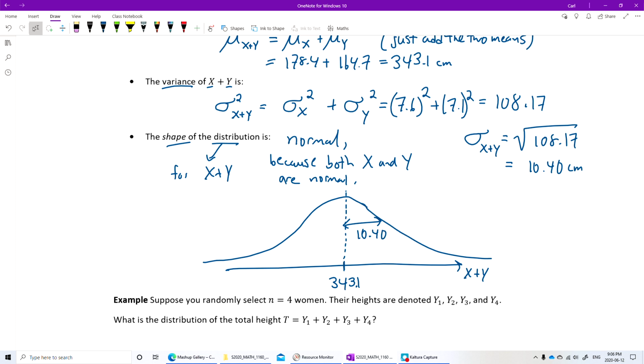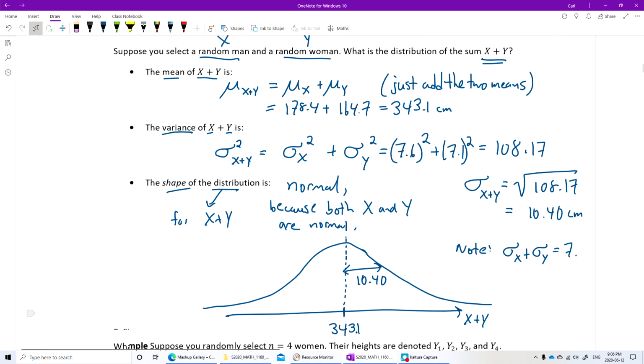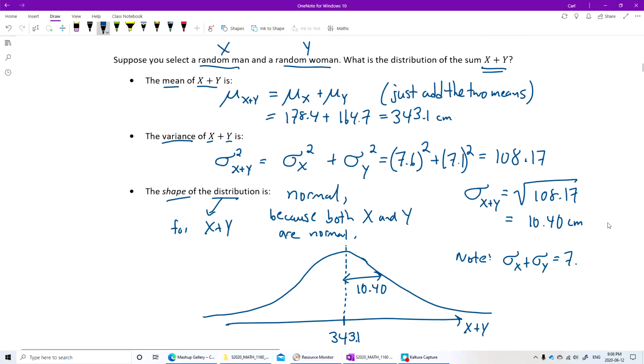So notice that it's not that we add the two standard deviations, right? If I just added sigma x plus sigma y, what would I get? 7.6 plus 7.1 gives me 14.7. If I just added the two sigmas together, I don't get the same thing here.